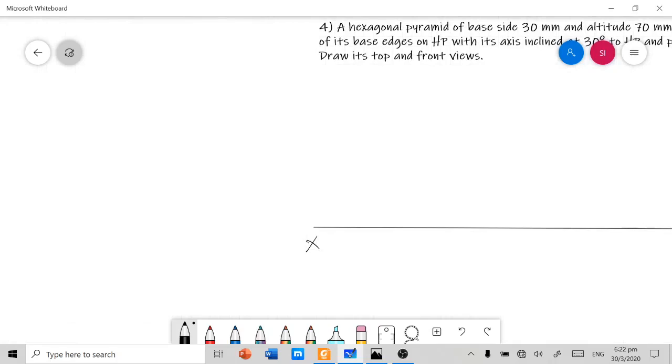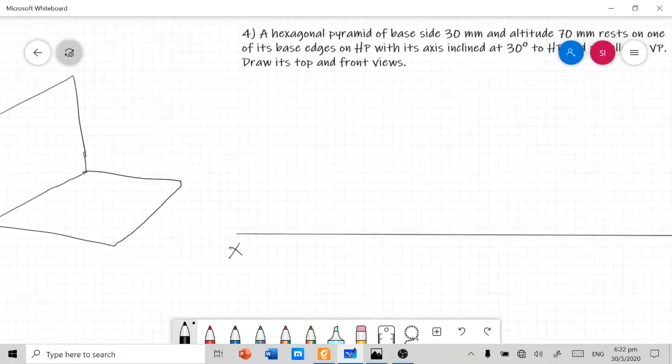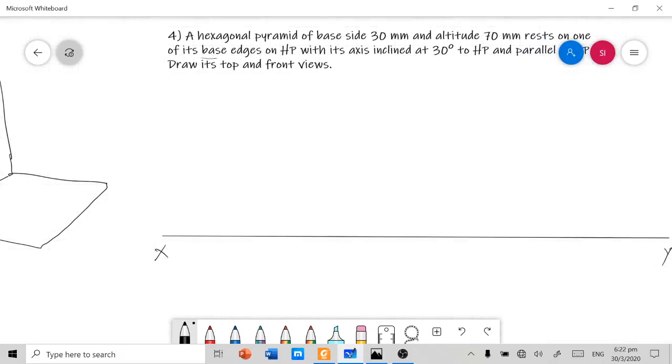Here the solid is a hexagonal pyramid. In the last class we solved a problem on a solid hexagonal prism, and this is nothing but a hexagonal pyramid. This solid is going to rest on HP with one of its base edges, and the axis is 30 degrees to HP and parallel to VP.